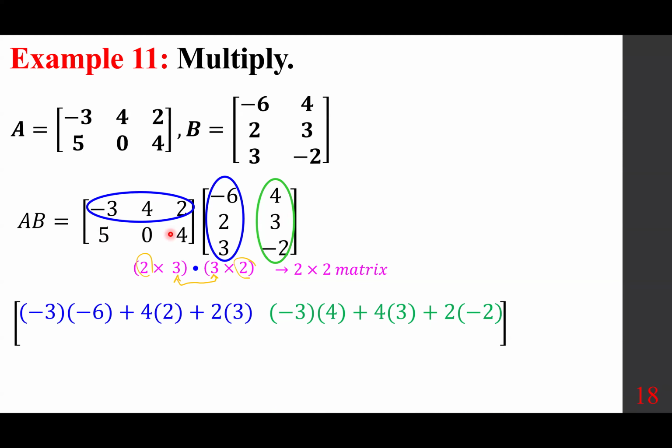Now we are going to deal with this guy with a different color. So 5 times minus 6, 0 times 2, 4 times 3. Now multiplied by this one, 5, and put it here. 5 times 4, 0 times 3, 4 times negative 2.